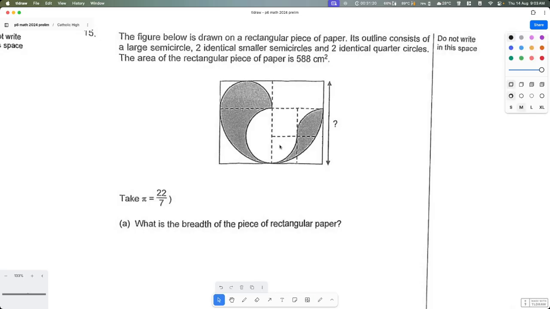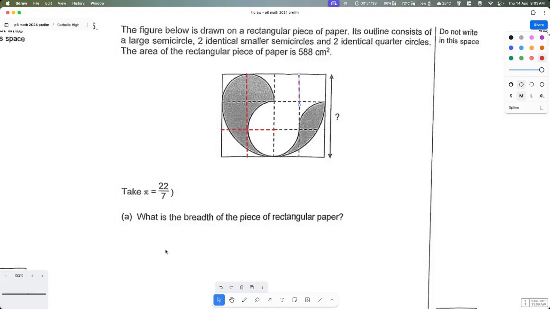From here we can see that there are a couple of things. First, I'm going to draw this in red. We have this over here, and we can split this into two because we've got two similar squares. So this rectangular paper has 12 small squares.